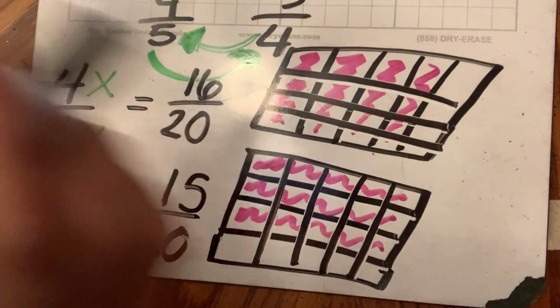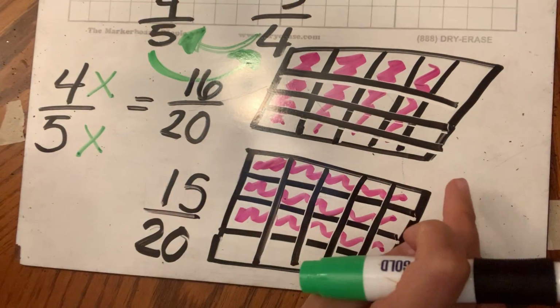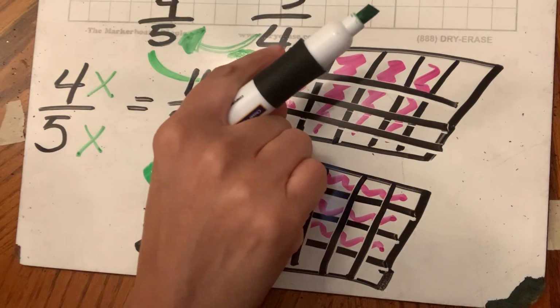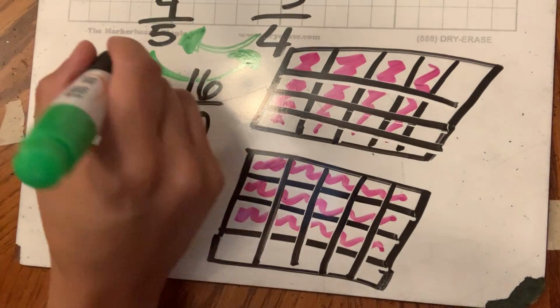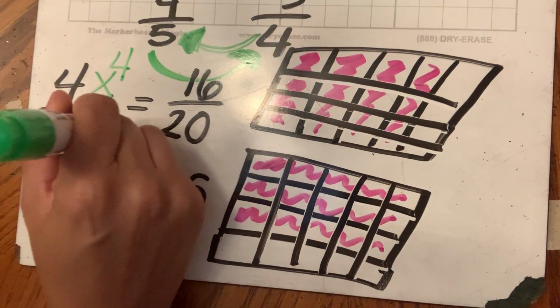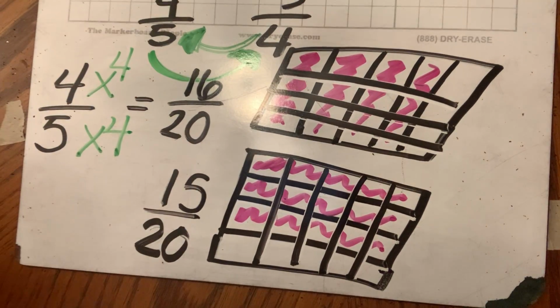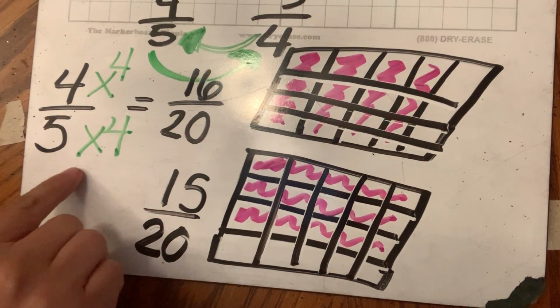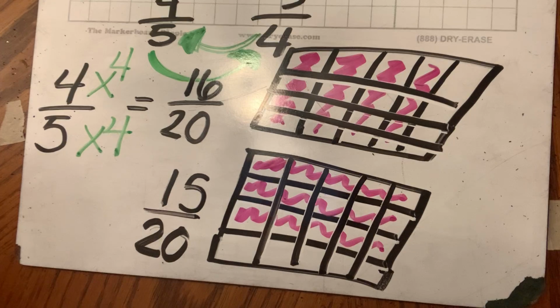Remember when we created our area model and we decomposed it, we looked at the denominator from the other fraction. So here we multiplied by 4. Is that true, boys and girls? Is 5 times 4 20? Is 4 times 4 16?